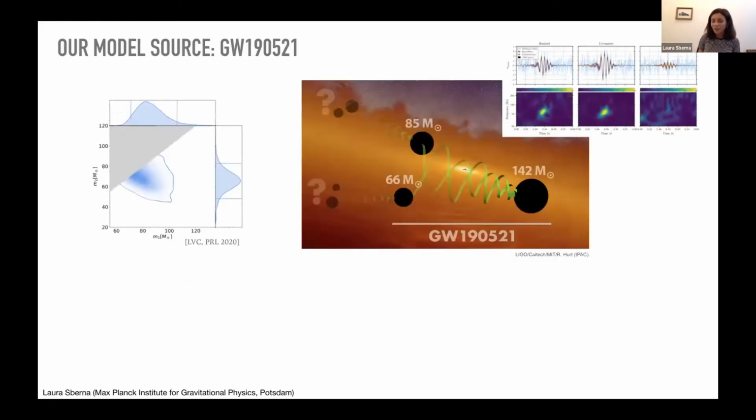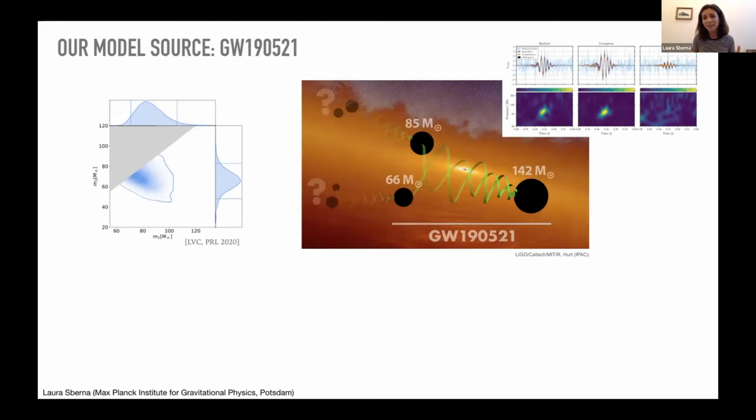So for the rest of the talk, and to give you a concrete example, I'm going to use the event GW190521 as a model source. This was a source detected by LIGO and Virgo. I'm sure you heard about this. It was a very interesting signal because the two binary masses were very large, one of them clearly in the upper mass gap.